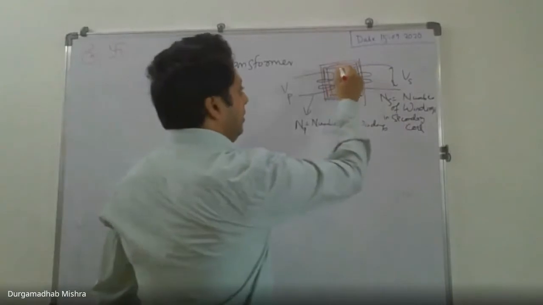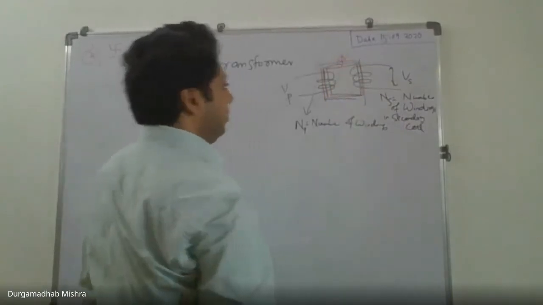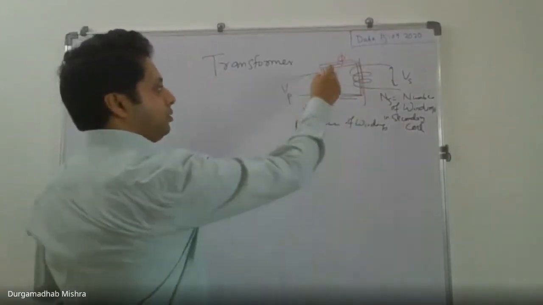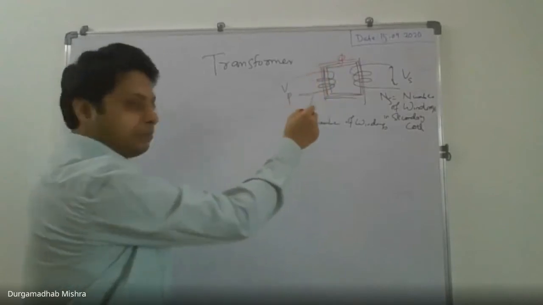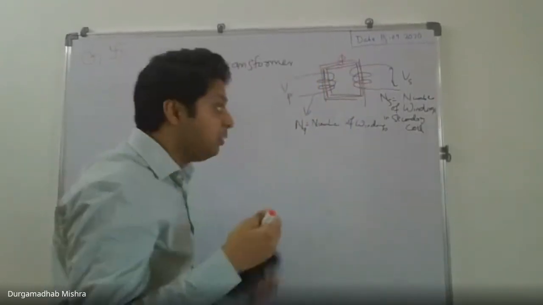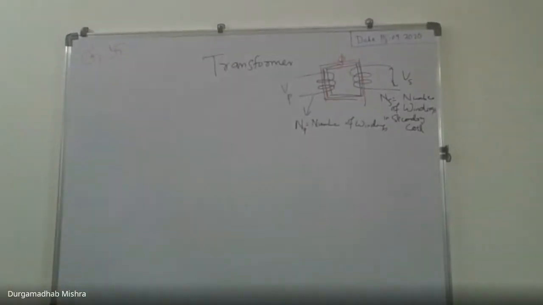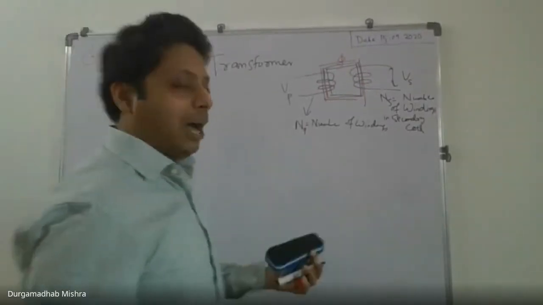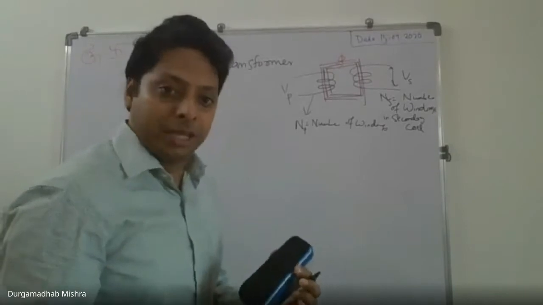So you have a flux phi, which is coupled. This magnetic flux phi couples the primary coil to the secondary coil. There is no direct electrical connection, and that is how it can step up or step down the voltage and so on.